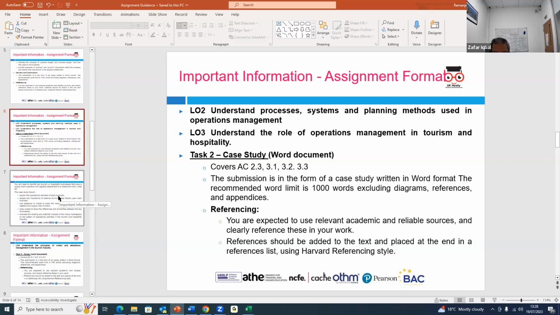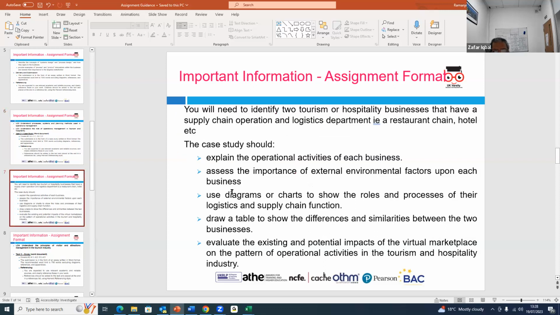It covers 2.3, 3.1, 3.2, 3.3, and then you will need to look at 2 tourism or hospitality businesses, i.e. maybe 2 different hotels, for example. You will need to identify 2 tourism or hospitality businesses that have a supply chain operation and logistics department, such as a restaurant chain, hotel, McDonald's, Burger King or any hotel.